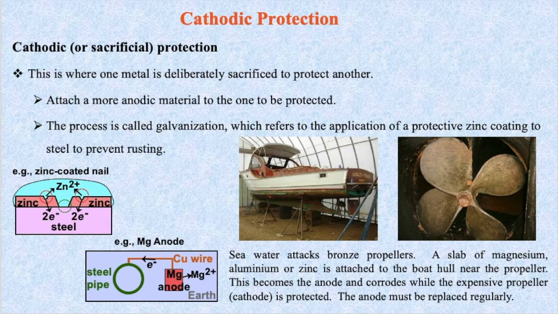So if you want to use steel but you want to protect it, they do it through cathodic protection by covering with a zinc coating. That helps in that if the environment is very corrosive, corrosion will take place on the zinc coating instead of the steel. So that is cathodic protection or sacrificial protection, in that you're sacrificing zinc to protect steel.